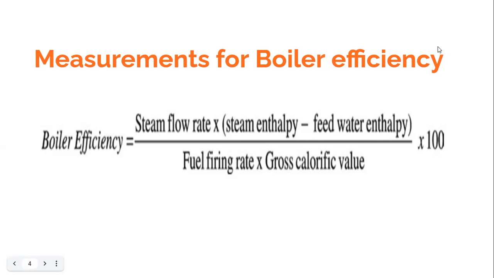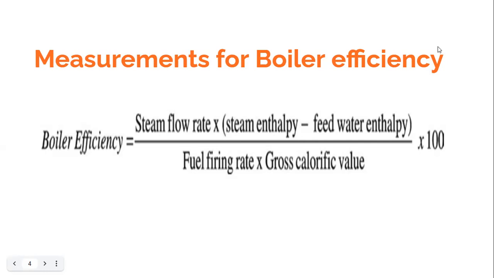That way, if you want to calculate the boiler efficiency, we need to measure the steam flow rate as we had discussed in the earlier lecture. And if it is not possible to measure the steam flow rate because we don't have a steam flow meter, then one can measure the feed water flow rate, and from the mass balance, we can calculate the steam flow rate.